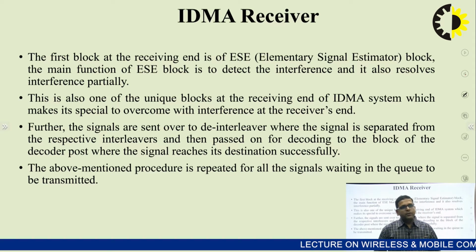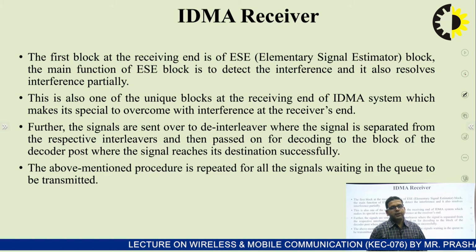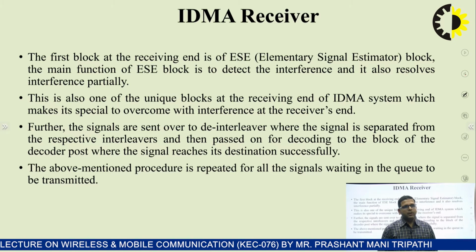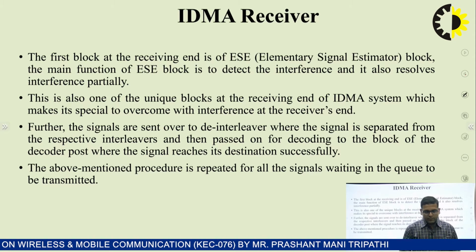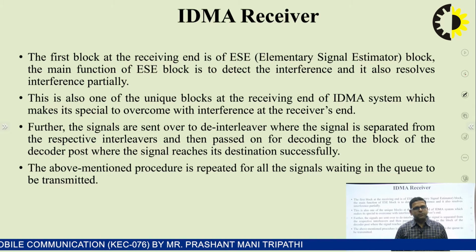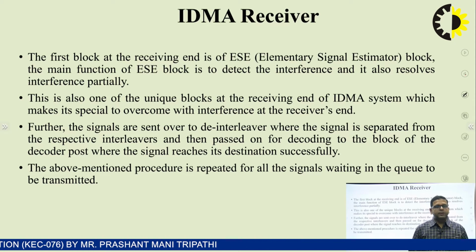This is the unique block in the interleave division multiple access system, and it is special as it overcomes the effect of interference at the receiver's end. The same process is applied to all the transmitted signals, and we will get the correct sequence from this receiver.